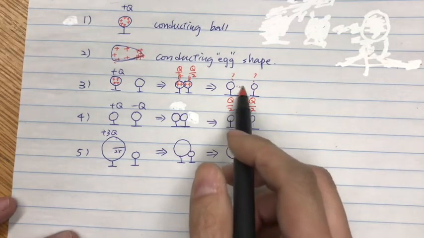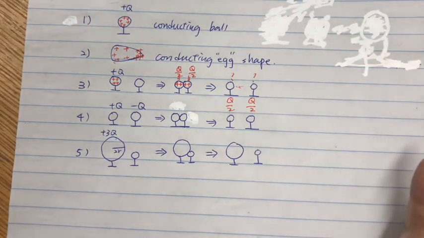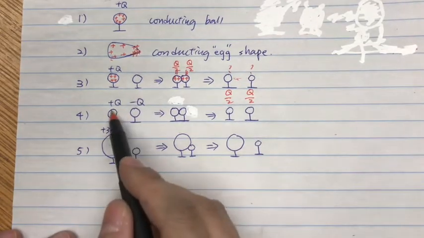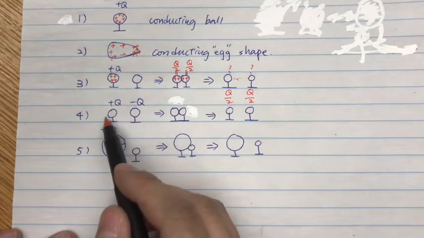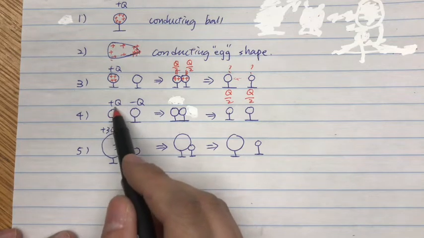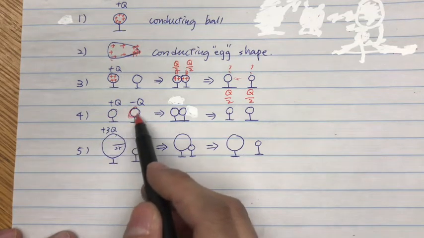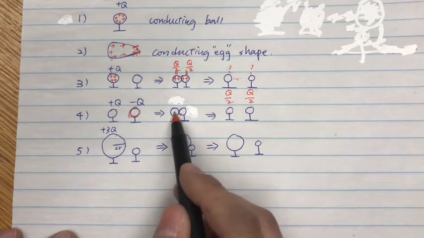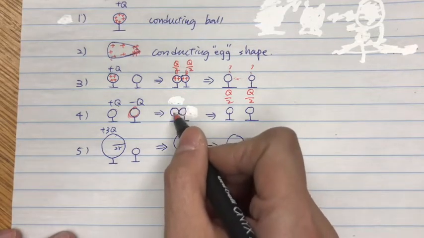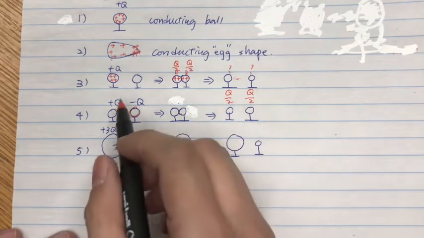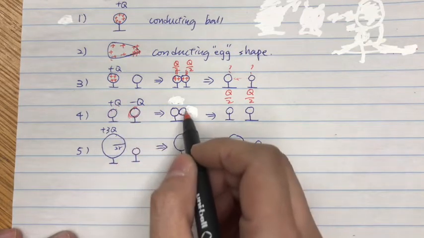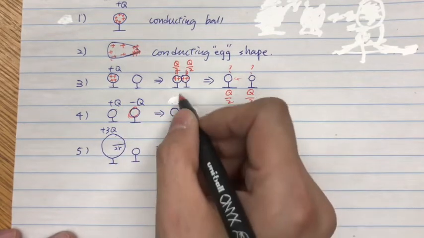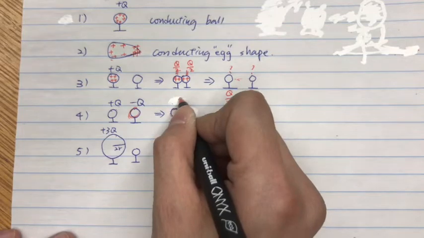So now these two will create a repulsive force between them. The same idea here. This one is positively charged, so it has higher potential. This one is negatively charged, it has lower potential. When you bring them together, the positive and negative charges will start to flow from high potential to low potential. And eventually, because this is positive Q, this is negative Q, and charge cannot disappear, positive Q plus negative Q together have no net charge at all.